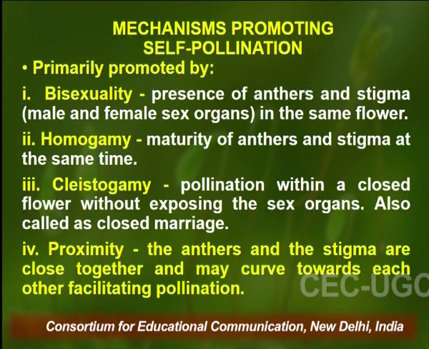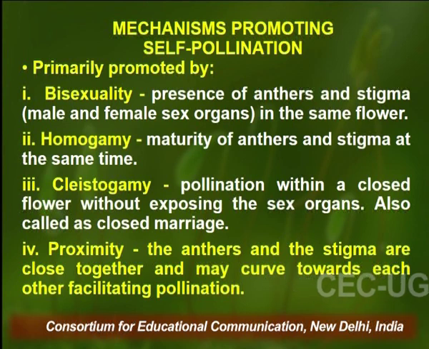So, bisexuality is one feature which is important for occurrence of self-pollination, that is presence of anthers and stigma in the same flower. Another thing is that, of course, anthers and stigma are present in the same flower, but they should also be maturing at the same time, and this phenomenon is called homogamy.